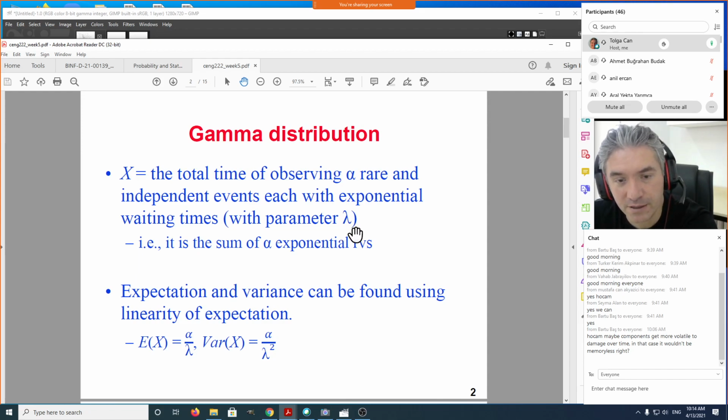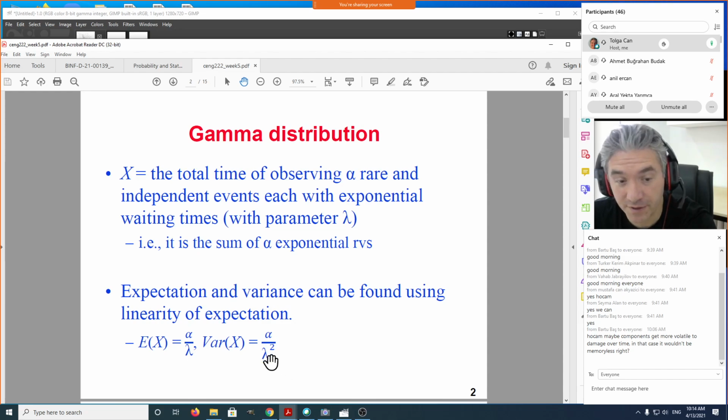And if you take a look at this, since the waiting times between every bus arrival at the station are all exponential, X is actually a sum of alpha exponential random variables. And therefore its expectation is alpha over lambda because of linearity of expectation.